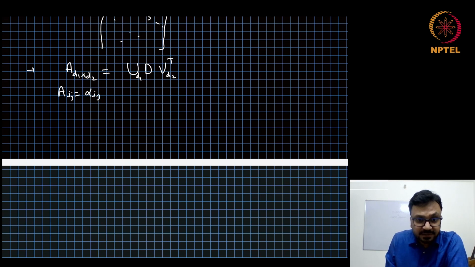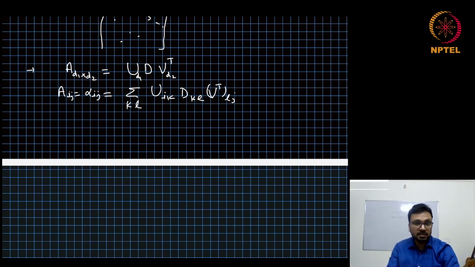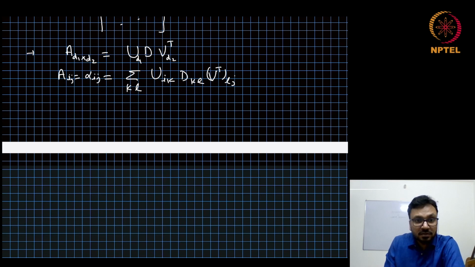So Aij, which is alpha ij, can be written as sum over k, l, u ik d kl v transpose lj. This is how we decompose element-wise the matrix multiplication. So the element of the product can be written in terms of the elements of the matrices u, d, v. d kl we know is dk delta kl because D is a diagonal matrix.